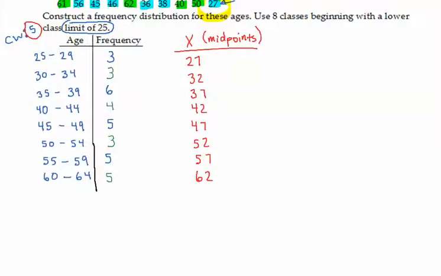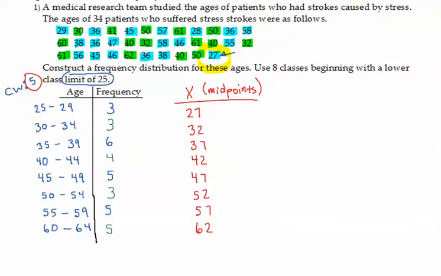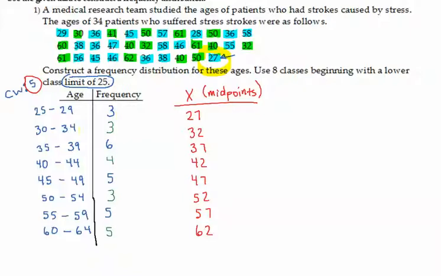Then you wouldn't know the original data anymore because the frequency distribution hides that kind of information, unfortunately. When I look at this list, I don't know if there was ever an actual 31. In fact, look at my list. There wasn't a 31. I just know that there were 3 numbers that occurred in that interval.